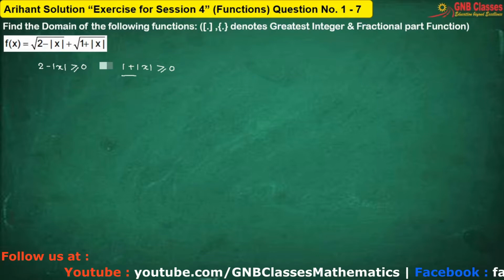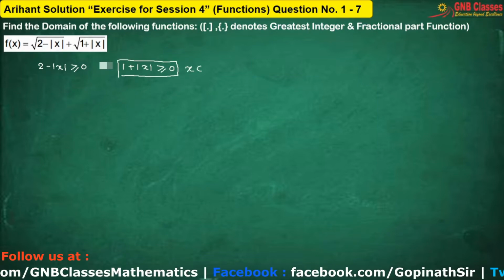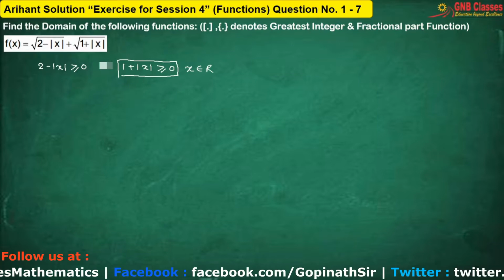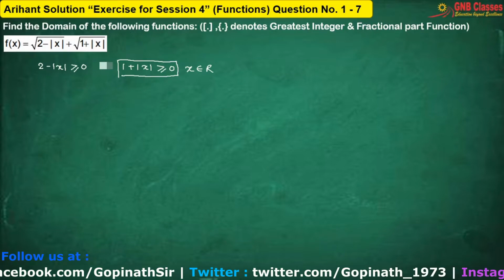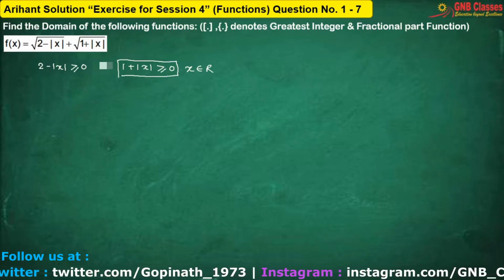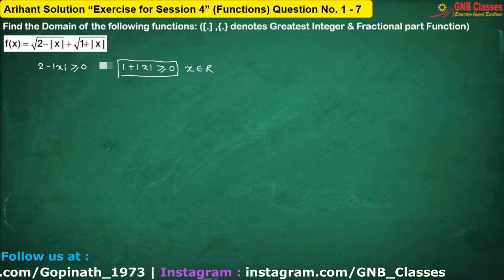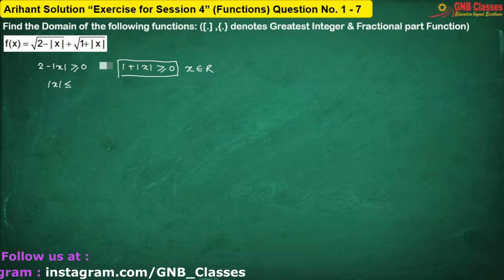Now 1 plus mod x is greater than or equal to 0 is true for all x belonging to real values. As mod x is always positive, when you add 1 to any positive number, it will always give you greater than or equal to 0. Is it clear? But from the first one we can say mod x is less than or equal to 2.